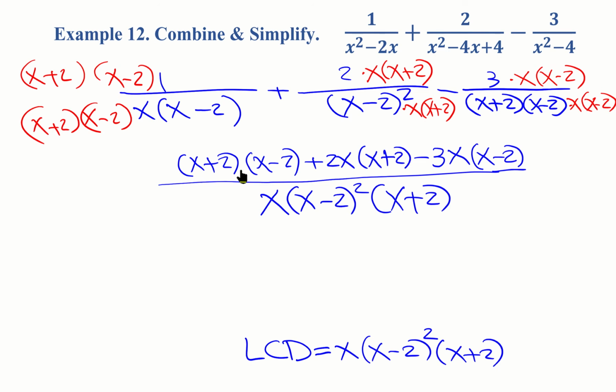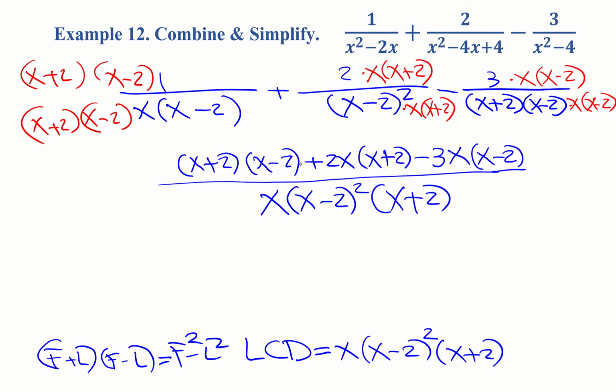So notice here we have a product of two conjugates. Remember those? F plus L times F minus L. That's going to be F squared minus L squared. Remember? One of the nicest formulas we deal with.